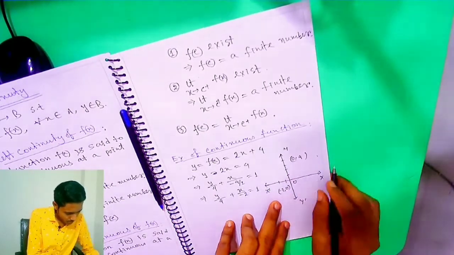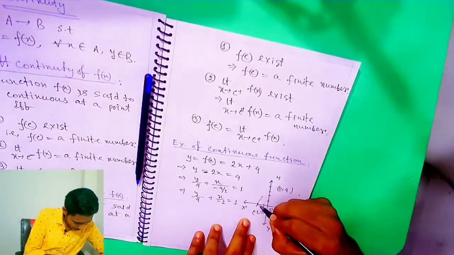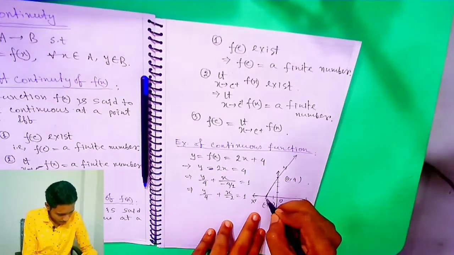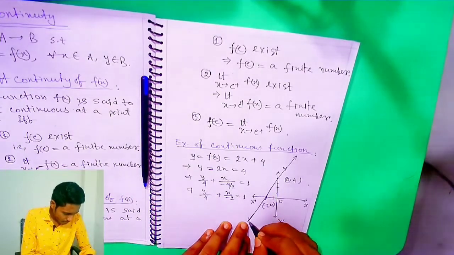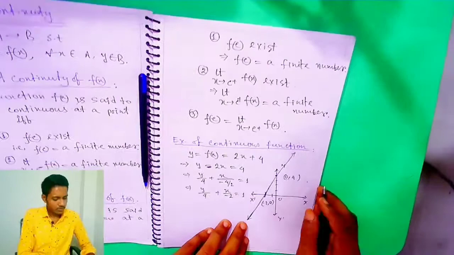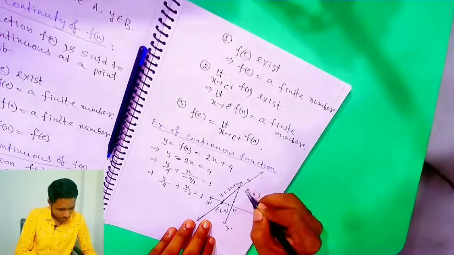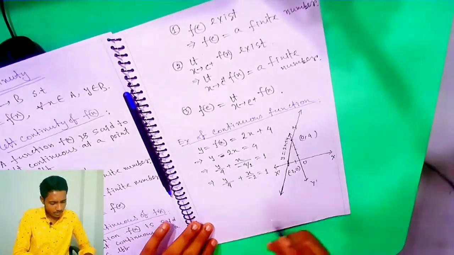Then this straight line looks like that. This is y is equal to 2x plus 4, a straight line, an example of a continuous function.